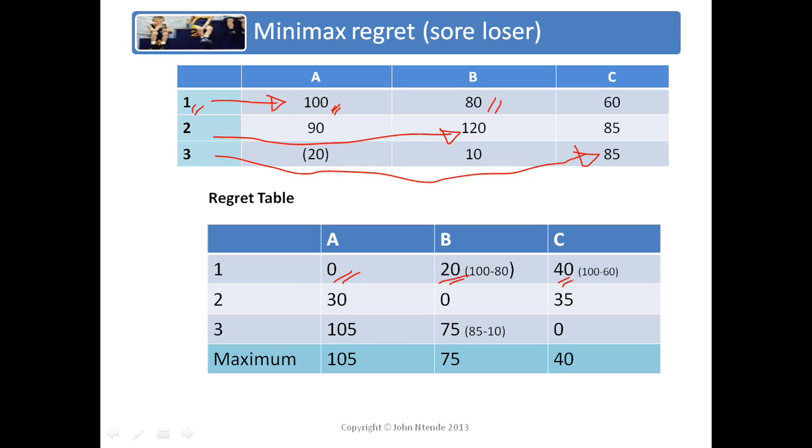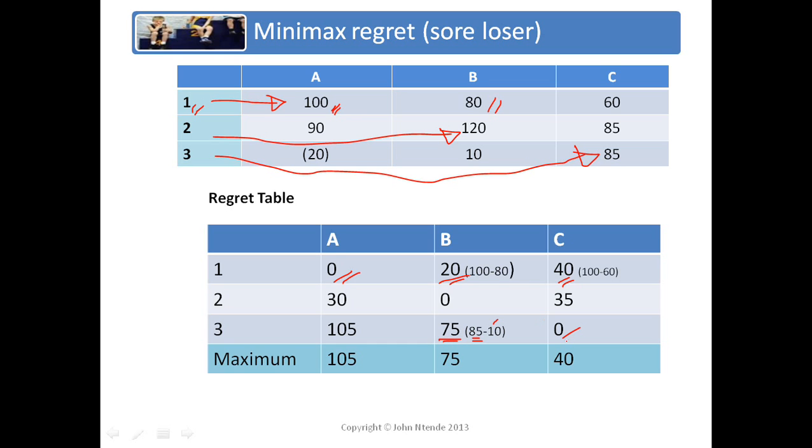The same principle will apply. For instance, the figure down here, 75. 75 is the best outcome under scenario 3, which is 85, minus the actual outcome for B, which is 10. So 85 minus 10 gives you 75.